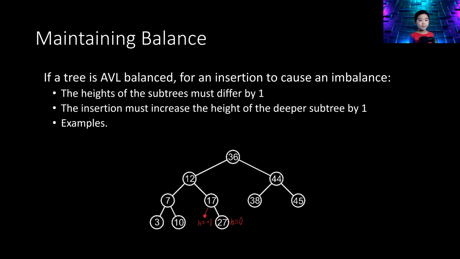According to the AVL tree definition, the subtree with the root node 17 is still balanced. If we wanted to break this balance, what we need is to increase the height of the right subtree by 1, which means we can insert a new node as either the left or the right child of the node 27. That would break the balance of this tree, so we'll need to fix that.